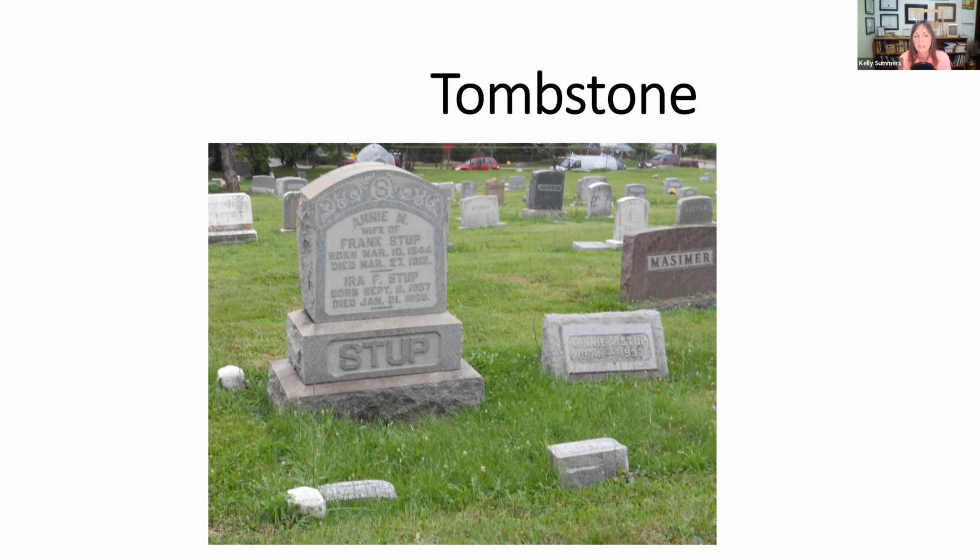So the information about her death is likely primary. And if we think about when this tombstone was placed or created, it was probably placed at or near the time of her death. And so this would tell us that the death information is likely very accurate.